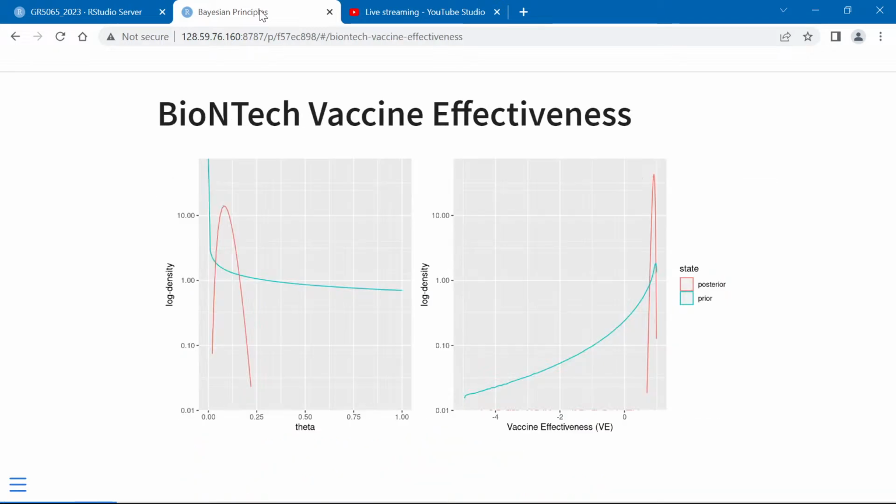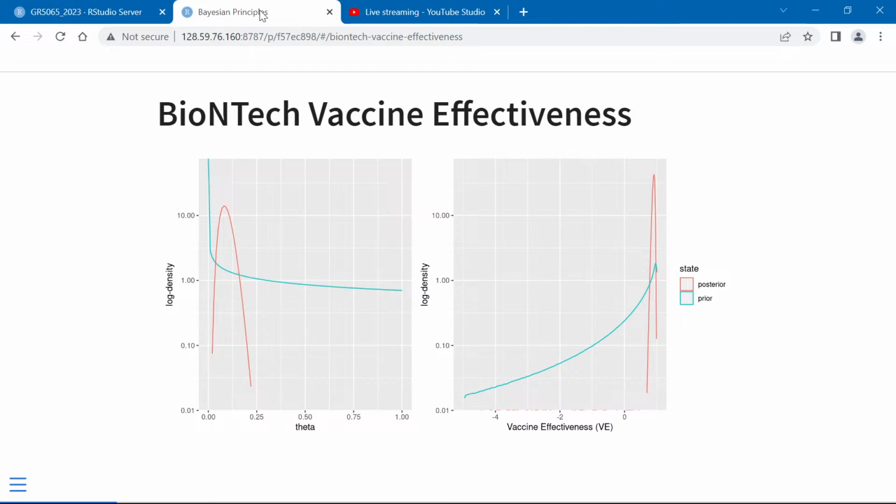But before we do that, I want to put this up again, which we did last week. It's the analysis, actually it was a Bayesian analysis, pre-registered and everything, of the BioNTech mRNA vaccine against COVID. It was developed in 2020, and they partnered with Pfizer to go through the regulatory process and then ultimately manufacture and ship it.